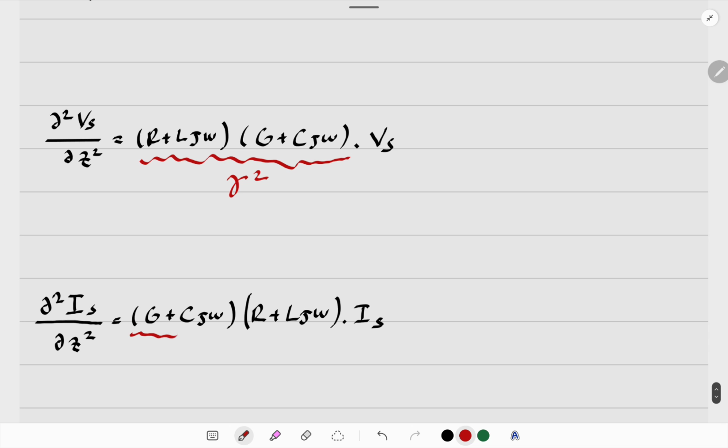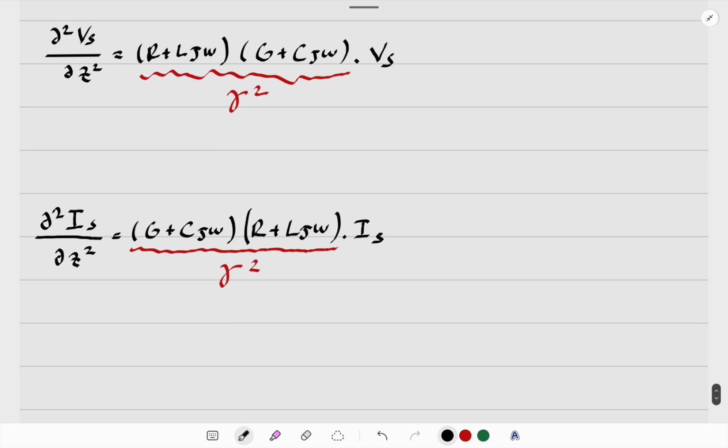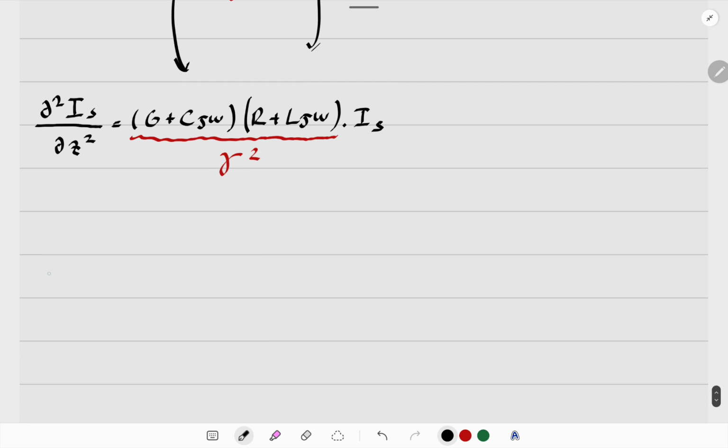You remember from our previous lectures this sign, and we have investigated for quiz 1 and repetition of quiz 2 the Helmholtz equation. We are aware of it. And if we call this R plus Lj omega times G plus Cj omega, or the same thing also goes over here, we end up with an equation like this one.